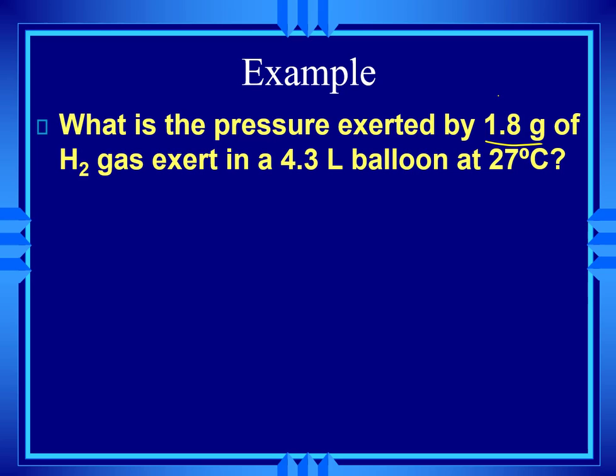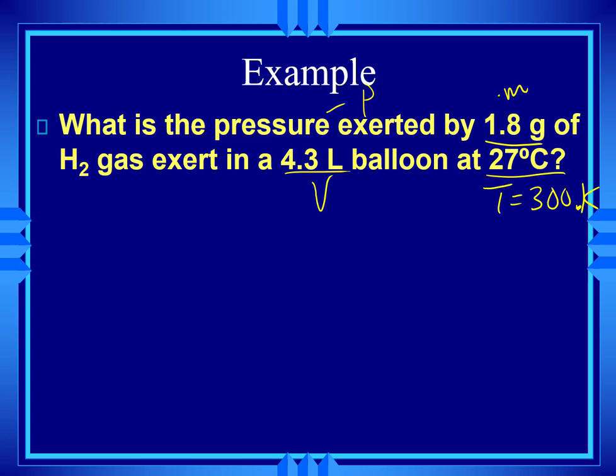So you got 1.8 grams, that's a mass. 4.3 liters of volume, 27 degrees Celsius is the temperature, and I know that's going to be 300 K. And they want the pressure. Anybody know an equation with all those pieces in it? Well, the answer is no, you don't.